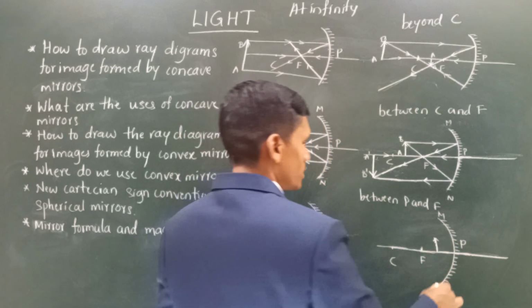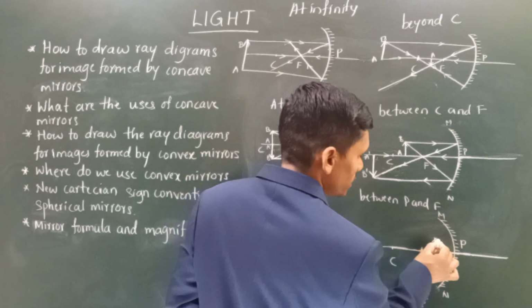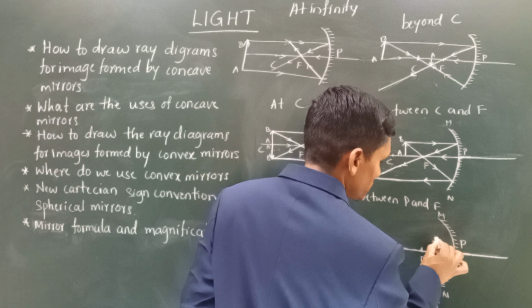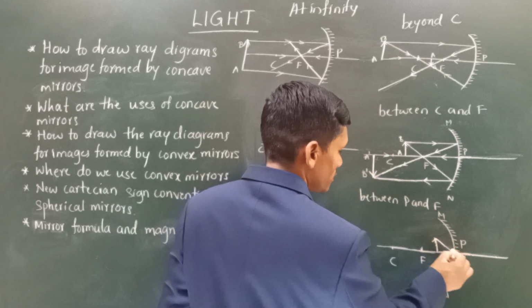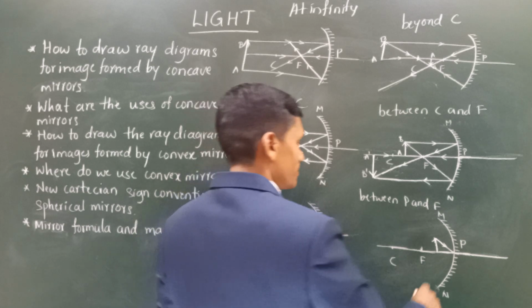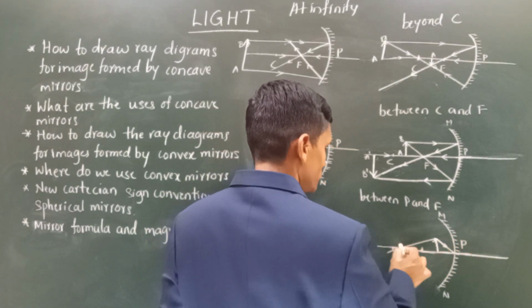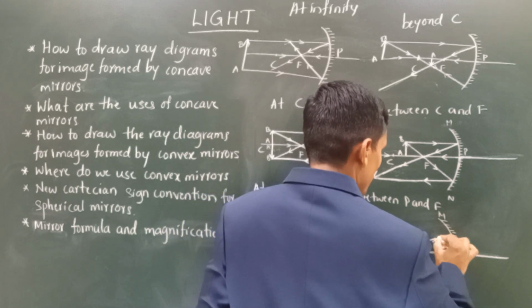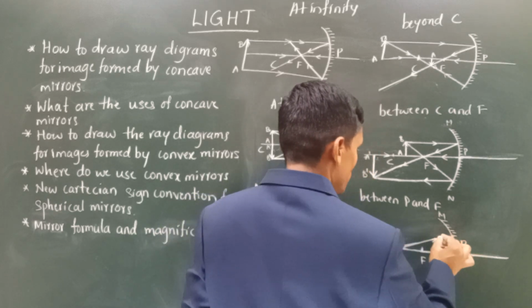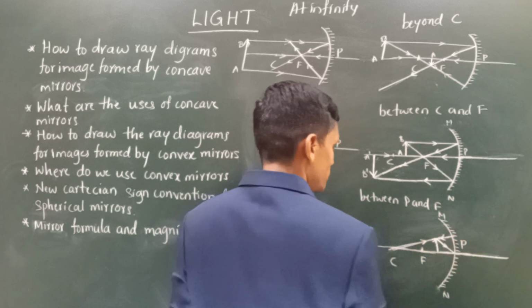See, you need to consider here, there are no other points to consider. So one ray we can take as an oblique one, moving obliquely. Another ray you have to consider is the one appearing to pass through the center of curvature, which follows the same path after reflection, right?